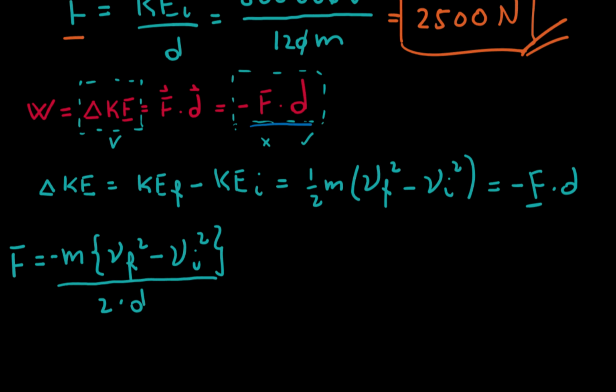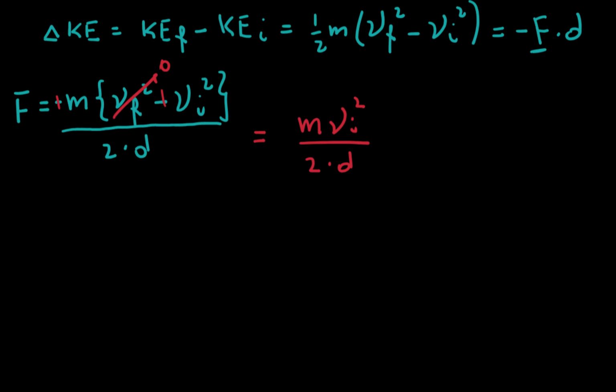In this case, the car comes to a stop, so velocity final goes away. There's a minus here, there's a minus here, so there's a plus. So this whole thing boils down to mass times velocity initial squared divided by 2 times the distance. And there you go.